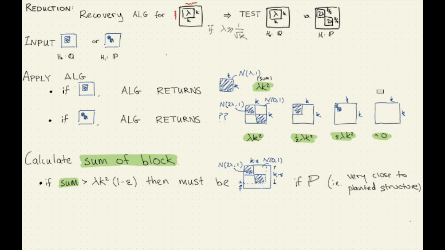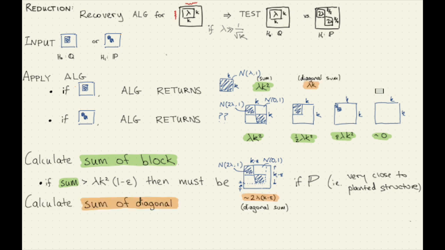If the sum is bigger than what it's meant to be minus a little bit, then in H naught you're in this situation for free. In H1, you now know that you're pretty close to picking up the planted structure, up to some epsilon.